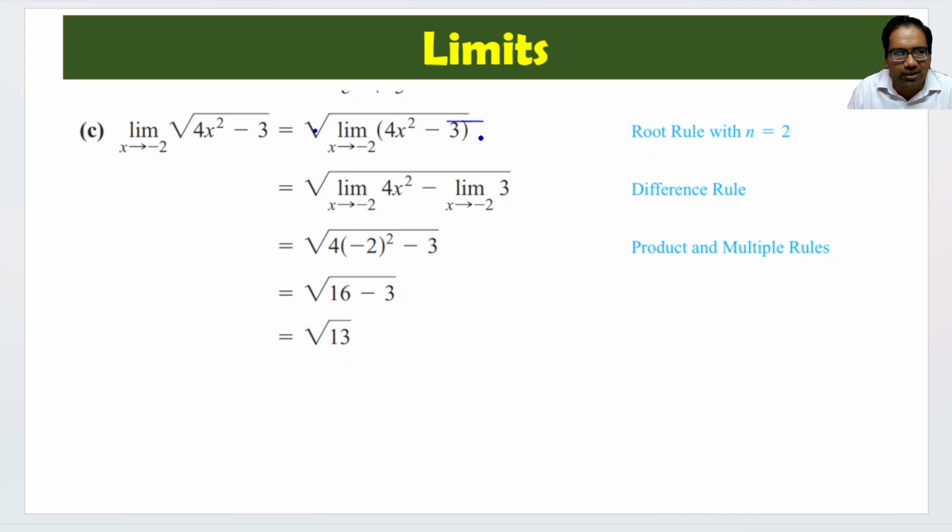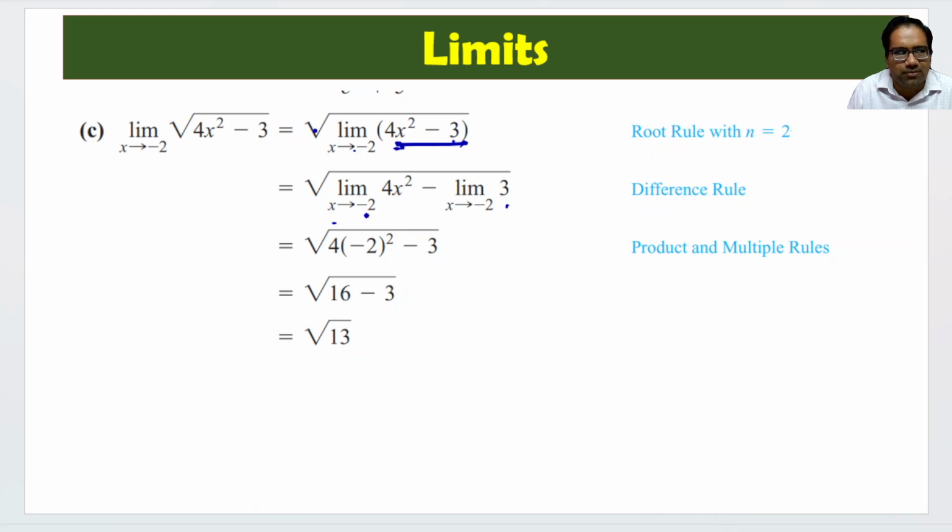Basically, what this means is very basic algebraic manipulations. Now, here again, this is a function f of x, g of x, so a difference of two functions. That's why we can take the limit with both of them. So we'll break this as limit x tends to minus 2 of 4x square minus limit x tends to minus 2 of 3. And here we can directly substitute.